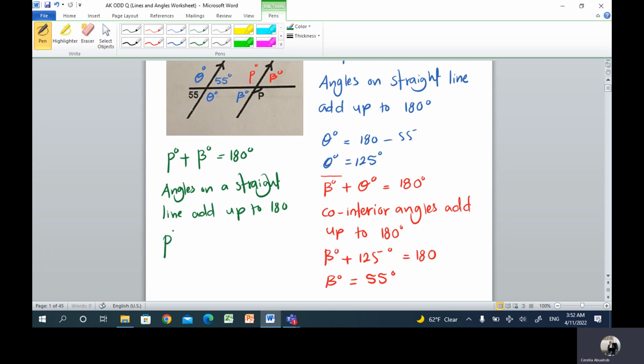Accordingly, P plus beta, and we replace beta with its numerical value, which is 55, is equal to 180 degrees. Accordingly, P is equal to 180 minus 55, and it will be 125 degrees. Okay? All right.